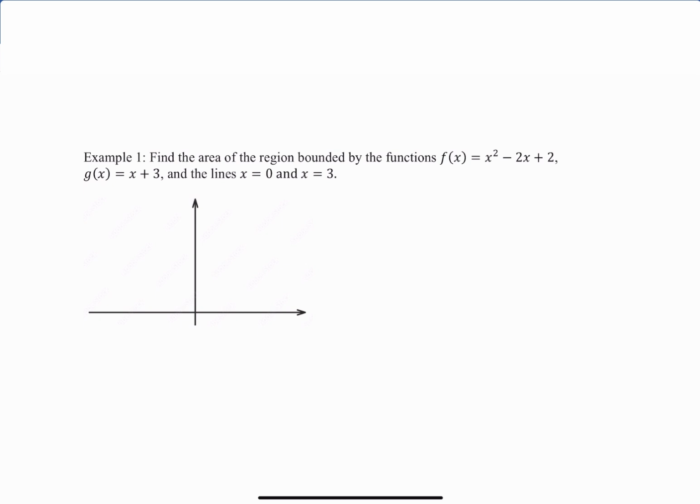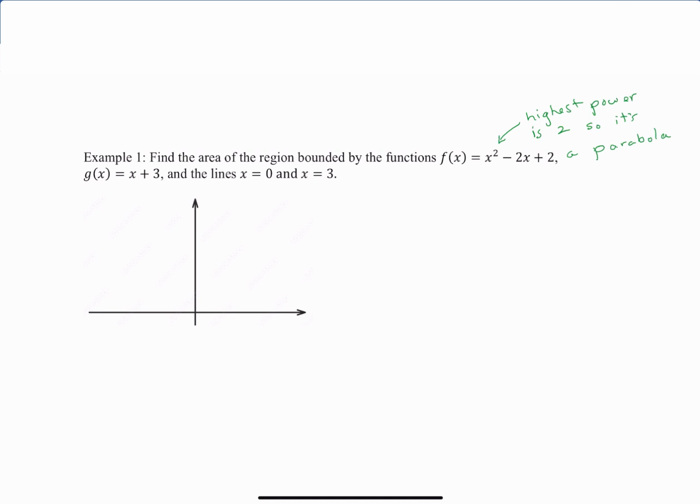Here's a little review of graphing parabolas. First of all, I know this is going to be a parabola because the highest power on the x is an x squared. When the highest power is 2, we have a parabola. I'm going to start by finding out where the vertex of the parabola is.